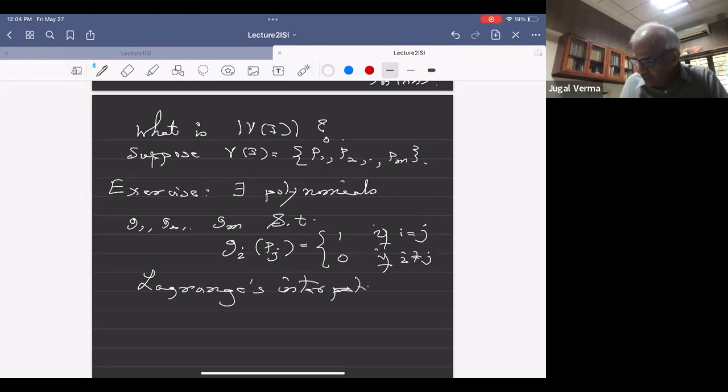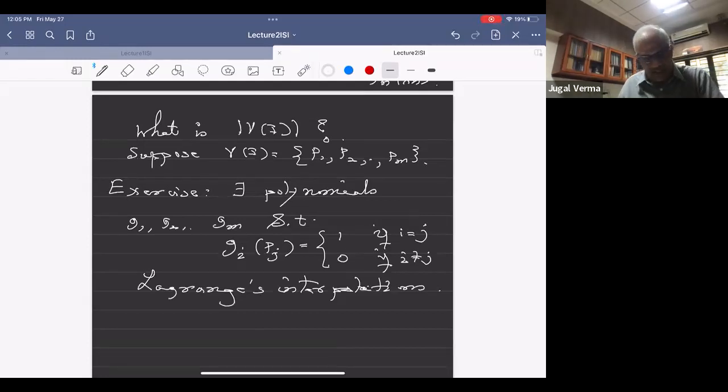For one variable, one can write an exact formula for interpolation polynomials. One can do it for the multivariate case also, but there may be many kinds of Lagrange interpolation polynomials. But as an exercise, if you are given m distinct points, there are m polynomials such that the ith polynomial evaluated at Pj is 1 if i is j, otherwise 0.